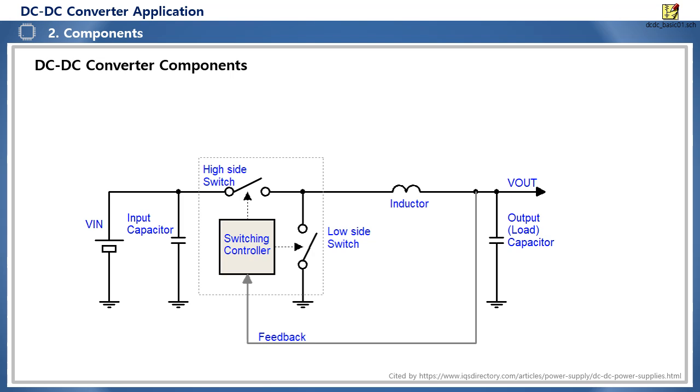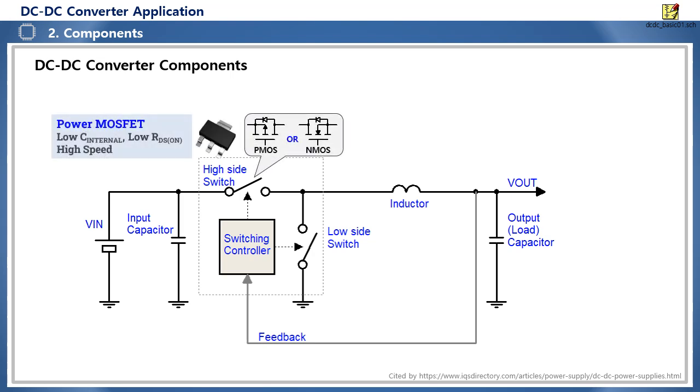Let's take a look at the main components of a DC-DC converter. Power MOSFETs for DC-DC applications must have short rise and fall times when turned on and off for high-speed switching. Since this high-speed switching is achieved by the internal capacitance of the MOSFET, it is recommended to select a MOSFET with input and output capacitances of less than 1000 picofarads.